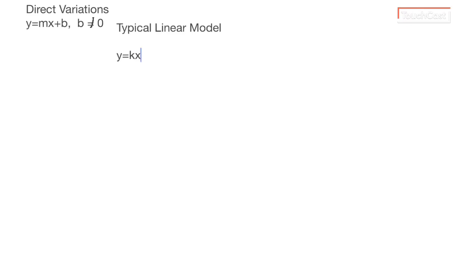And typically, we'll know to use this type of model, direct variation, if we see something where it says y varies directly as x, or they might even say it is directly proportional to x.